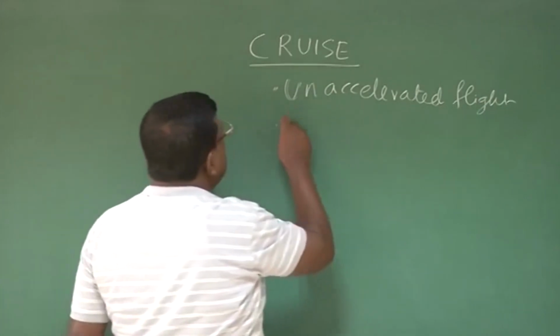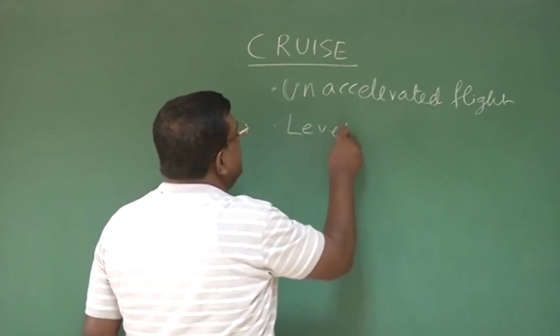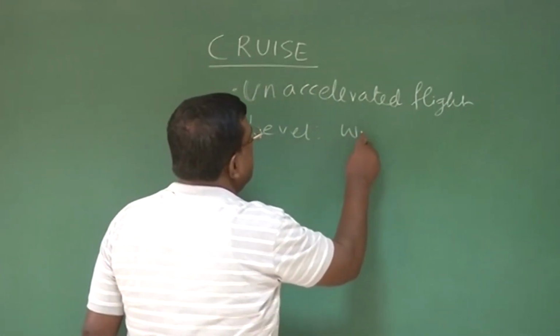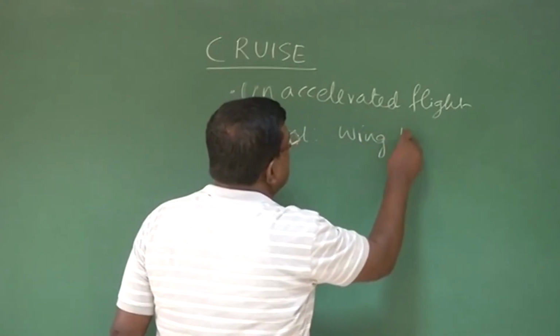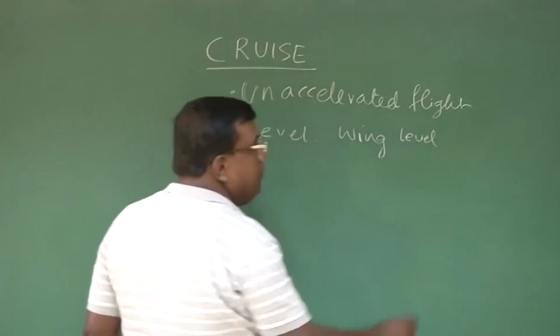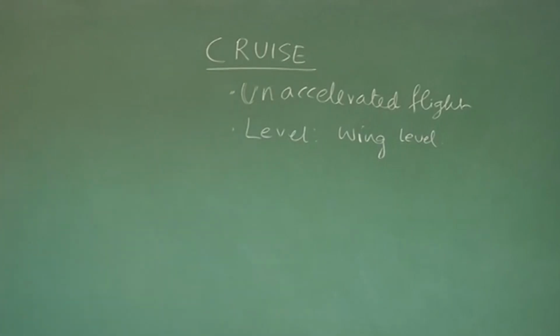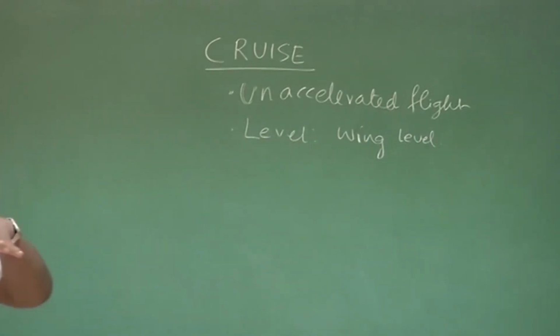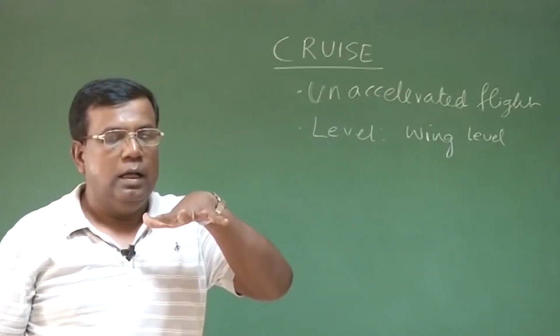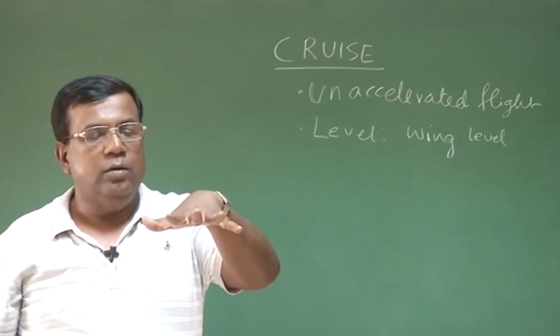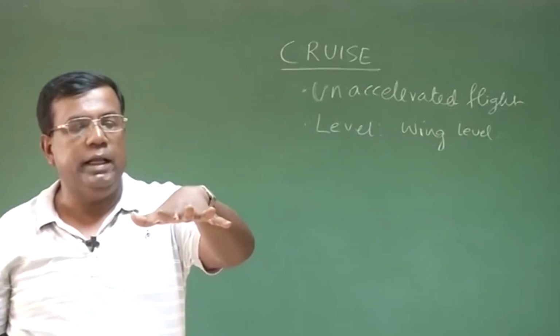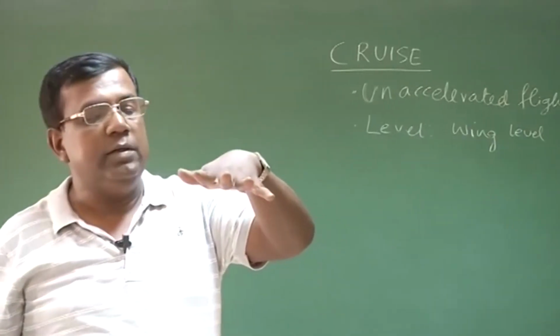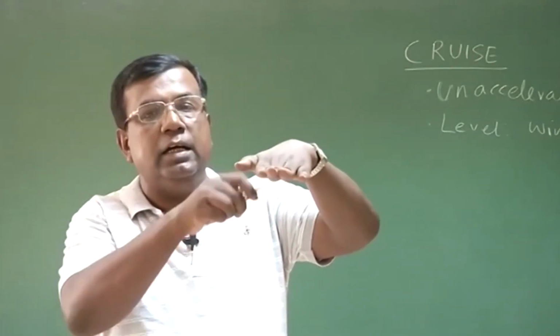And when you say level cruise, level means wings level. Typically it is like this. If I am doing a cruise, I am going at constant speed, wings level, not like this, wings level like this. And also, I am ensuring that there is no change in the altitude.